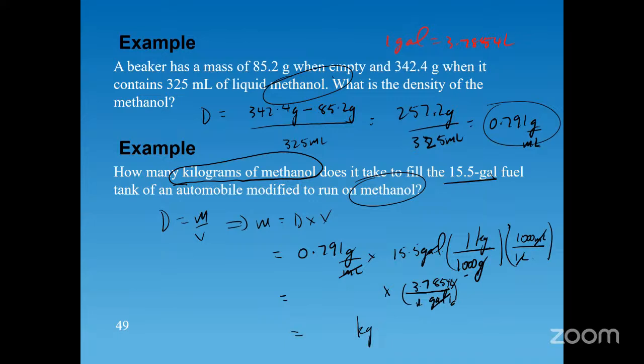So again, we have to do the number crunching: 0.791 times 15.5 divided by 1,000 times 1,000, so they'll cancel out, and then times 3.7854. According to my calculations, rounded off to 3 sig figs, and please correct me if I'm wrong, I got 46.4 kilograms. That's how that is done.